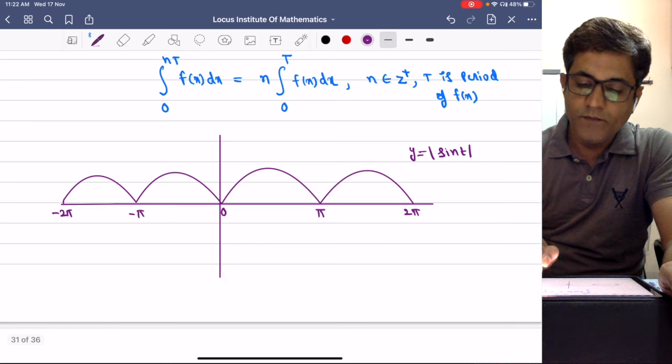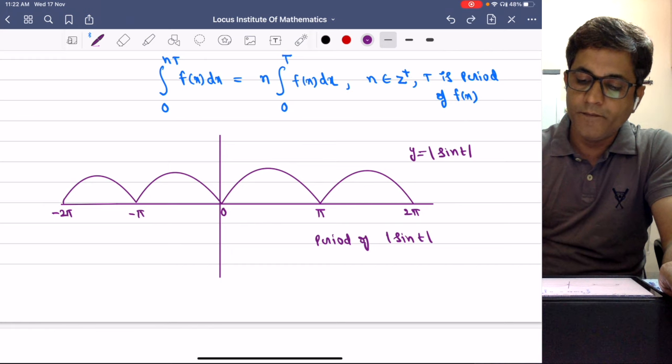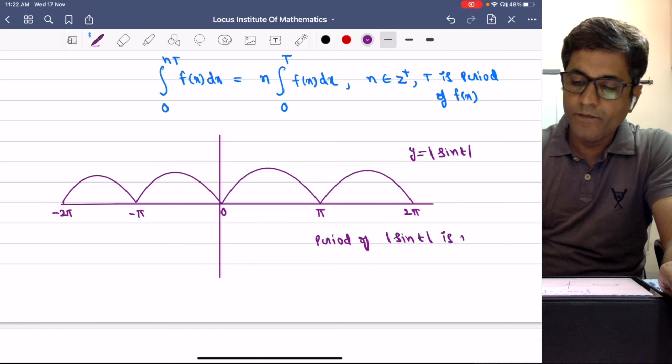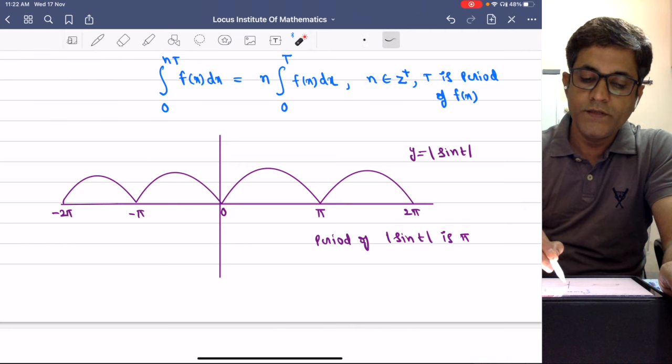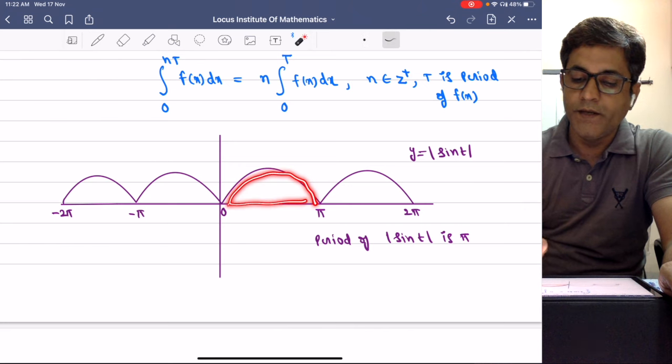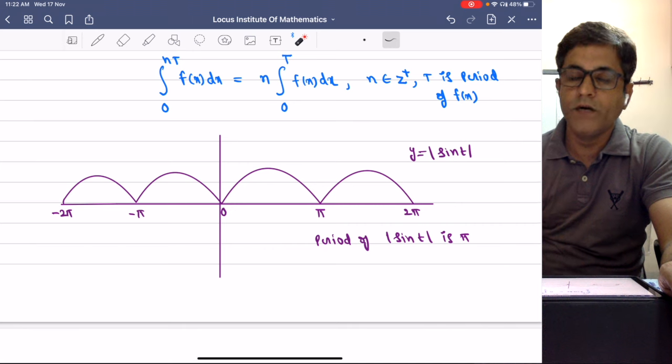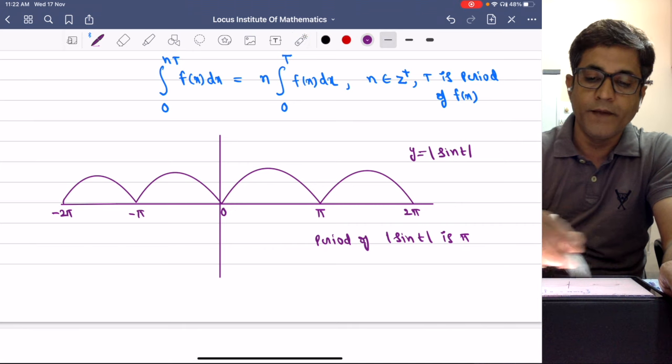The period of |sin t| is π, because the graph is repeating after π radians.